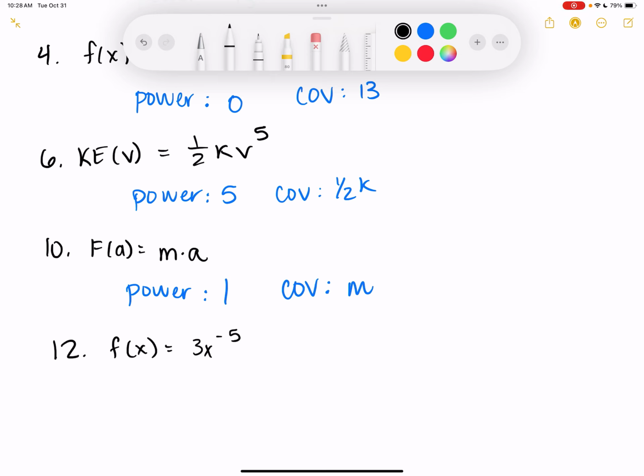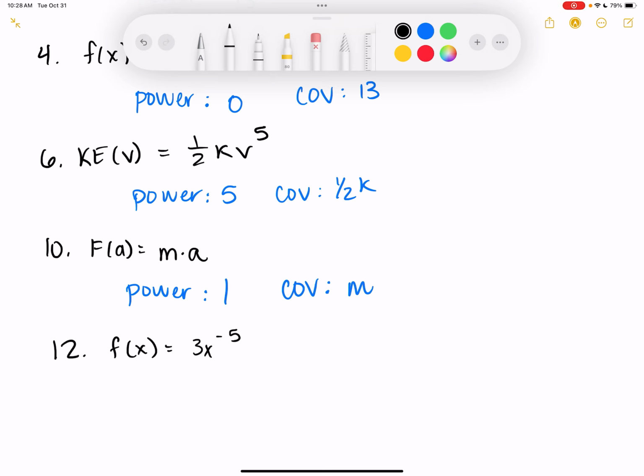I'll read the instructions again. Determine whether the function is a monomial function given that L and pi represent constants. For those that are monomial functions, state the degree and leading coefficient. If they are not, explain why not. I think basically, if there's a negative exponent, it's not a monomial function.